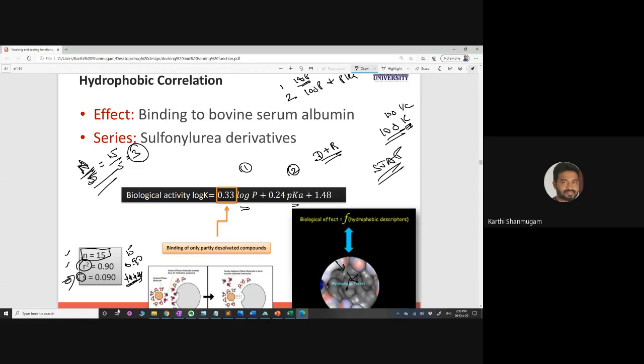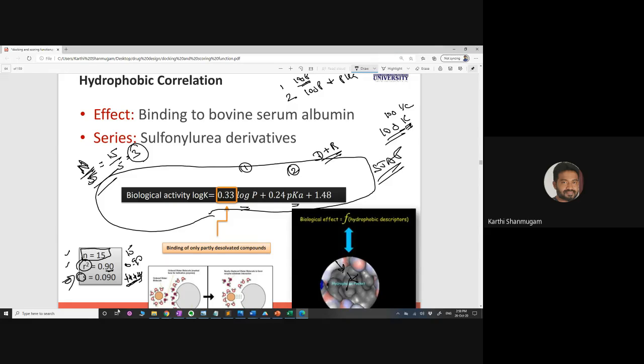The standard deviation value should be as low as possible, and we see that the value is 0.090, which is very low numerically. Based on that, we can say the model is a very good model. The predictive ability of this model is determined using this r square value. 0.90 gives confidence that the model is very good.